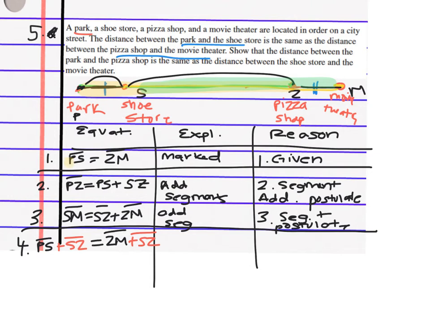I took the first statement, and just like an equation, if I add the same thing to each side of my equation, it will be equal. So I took that original equation and I added SZ to each side. Okay, since I'm adding, that's my addition property of equality.